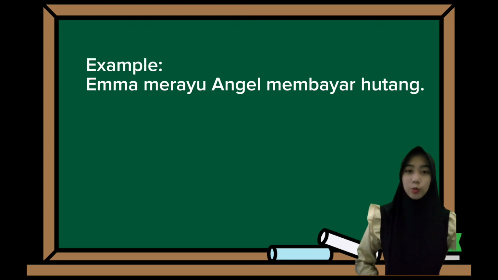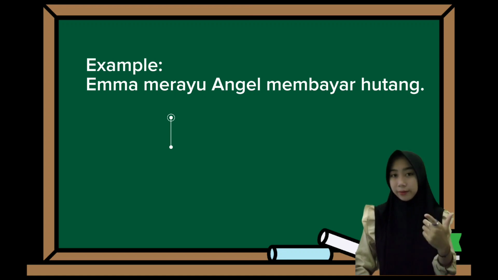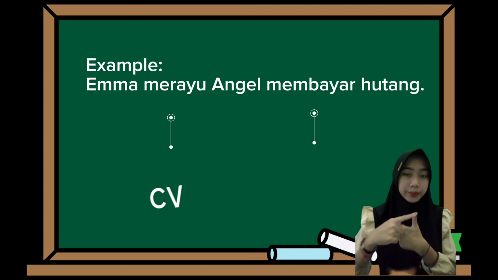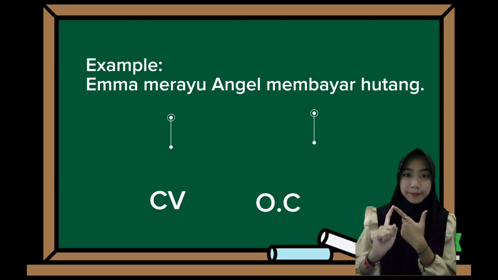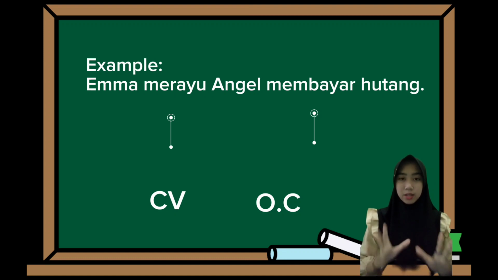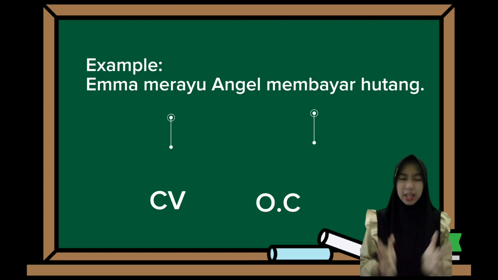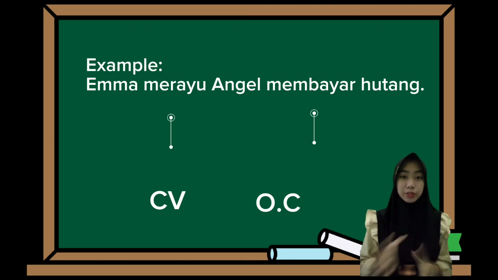Emma merayu Angel membayar hutang. In this sentence, there are two verbs. They are merayu and membayar. So the first verb is the causative verb and the second one is the objective complement. The causative verb of merayu is get, and the objective complement of membayar is, do you remember?